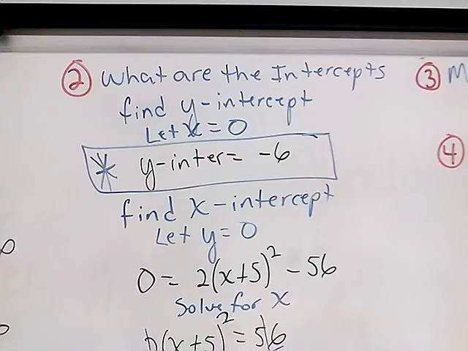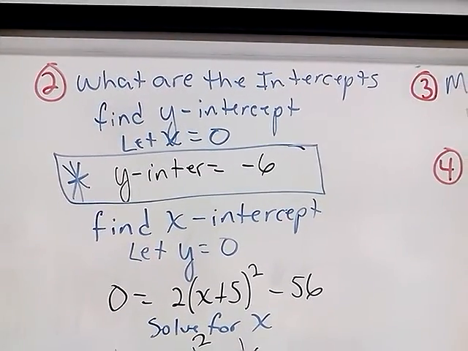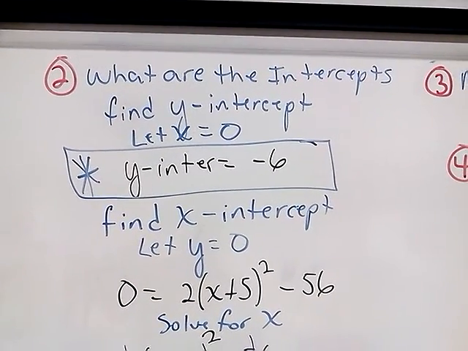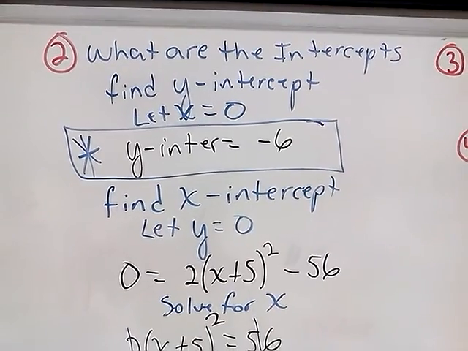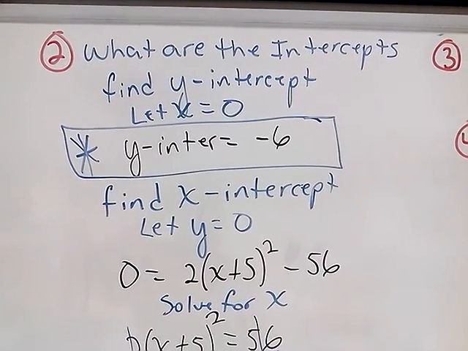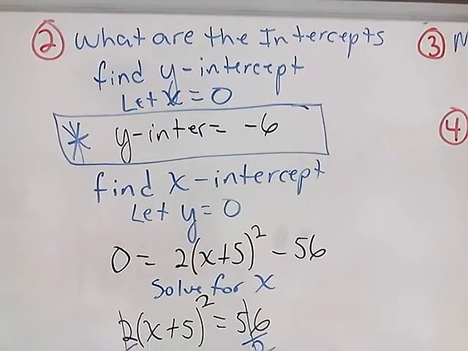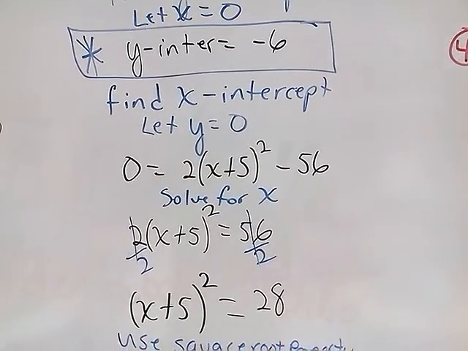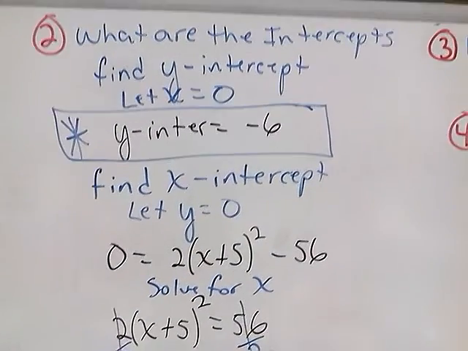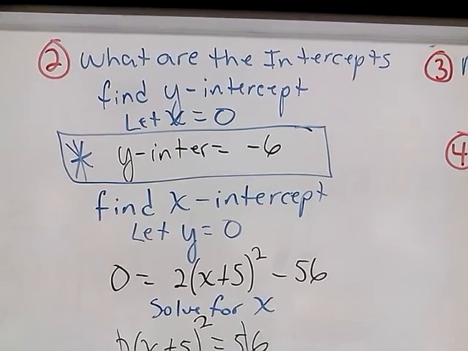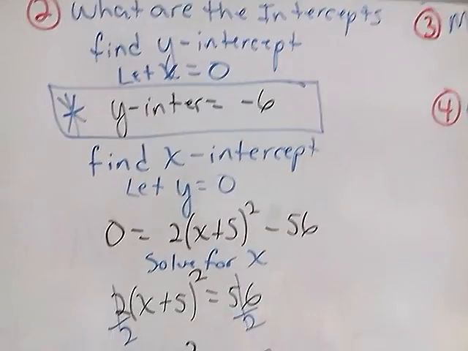So we know our vertex, and then we want to determine what the intercepts are. To find our y-intercept, we let x equal 0, and once we do that, we determine that the y-intercept is negative 6.